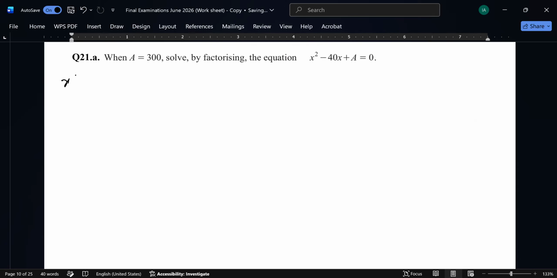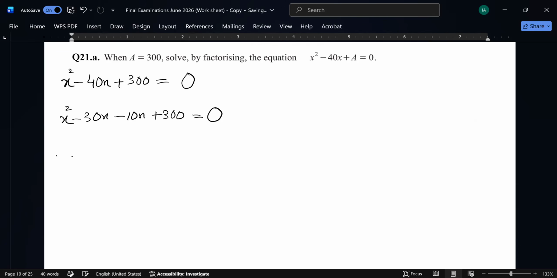As we substitute the value of a, this equation will be in this form. Now they ask you to factorize it. So it's going to be x squared minus 30x minus 10x plus 300.